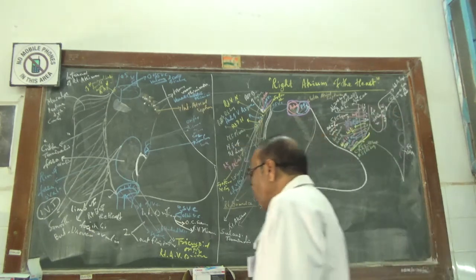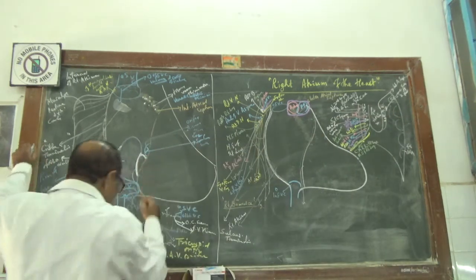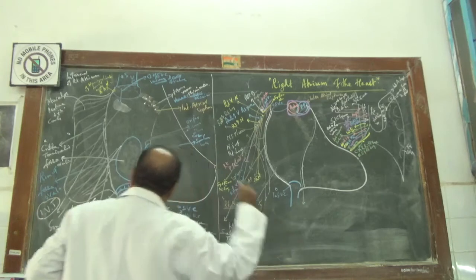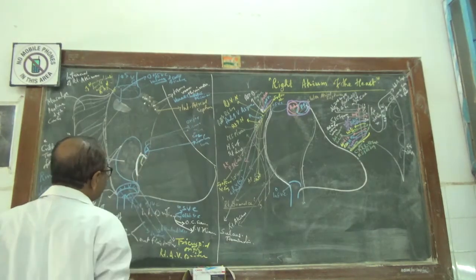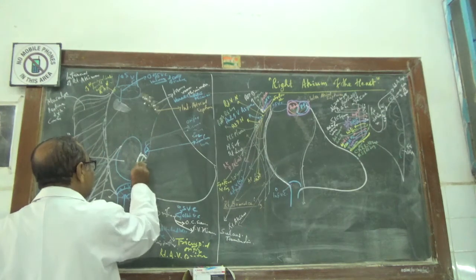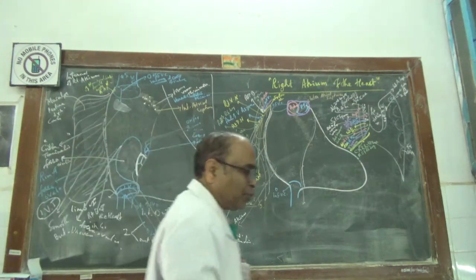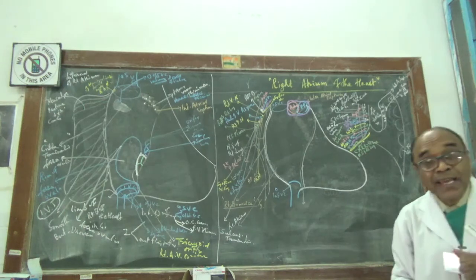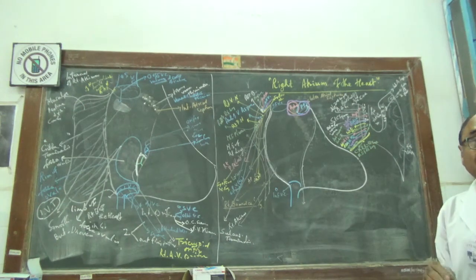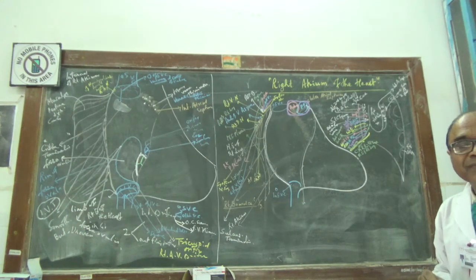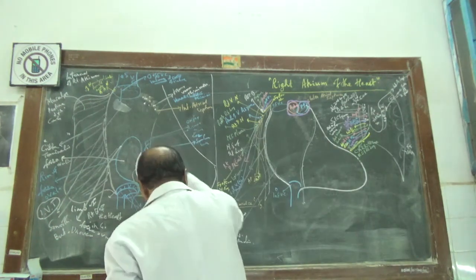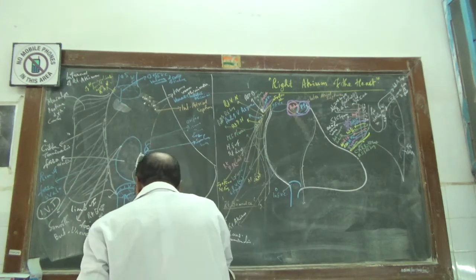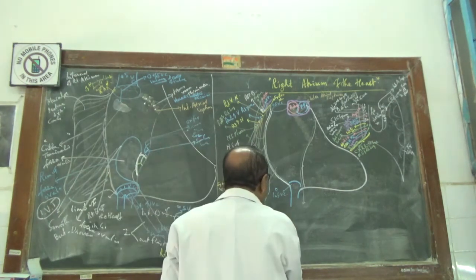Now this orifice has three cusps. One is the medial cusp, another is the anterior cusp and the posterior cusp. Hence it is called a tricuspid. Now if you cut open this orifice, which is the outflowing orifice of the right atrium, it will appear like this.